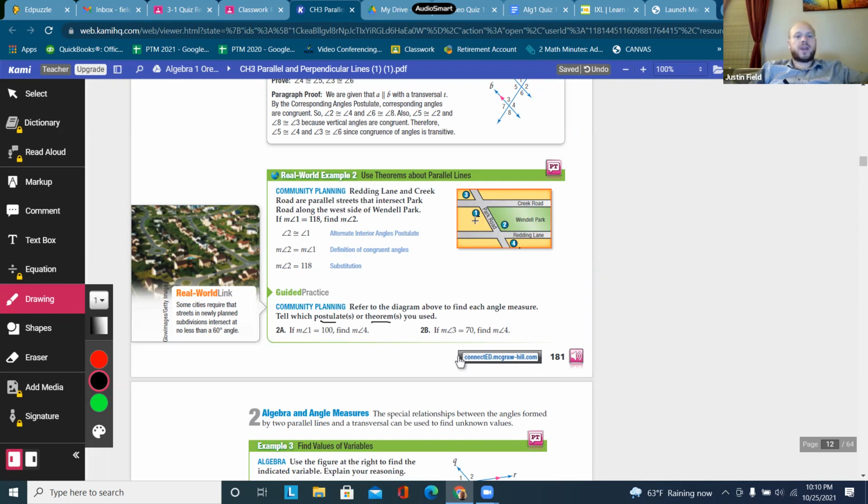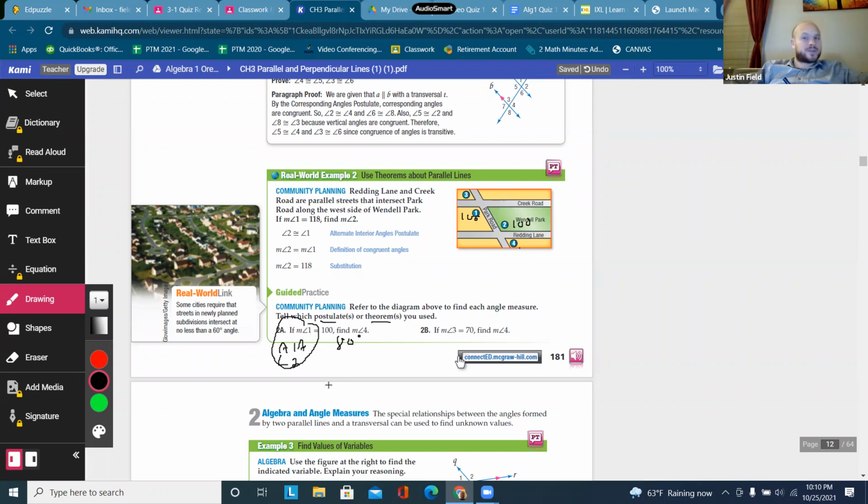But we can determine that angle 1 is going to be 80, well, angle 4 is going to be 80. How did I do that? Well, I said that angle 1 is congruent to angle 2, by the AIA theorem, because angle 1 and angle 2 are AIAs.